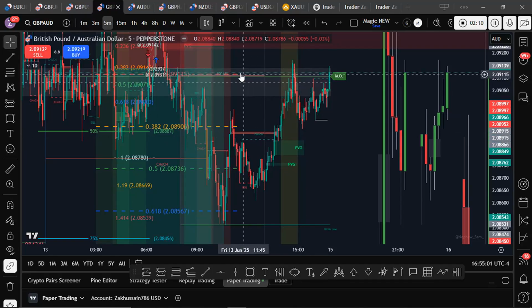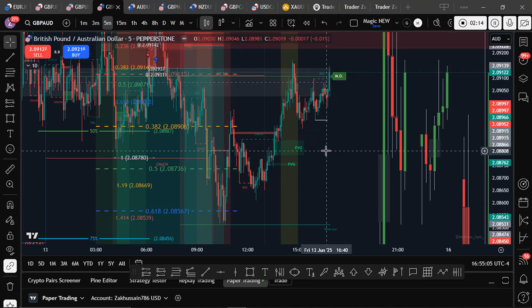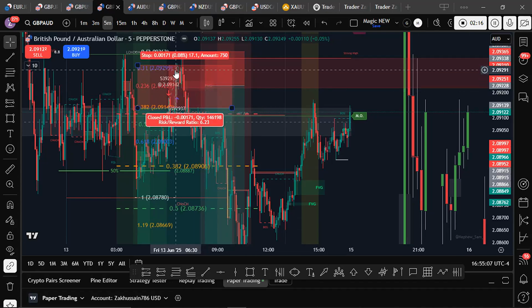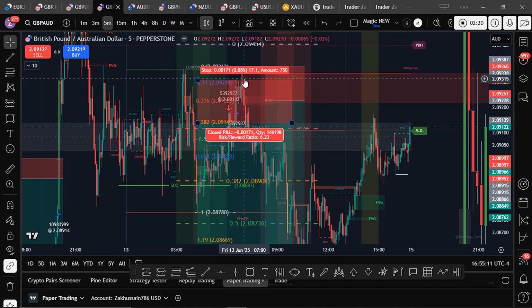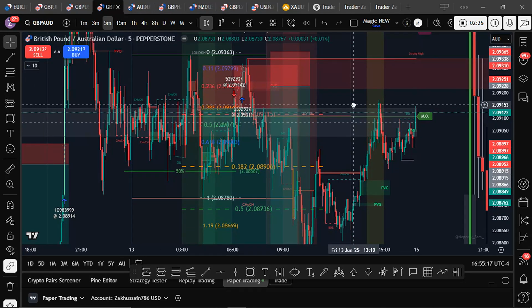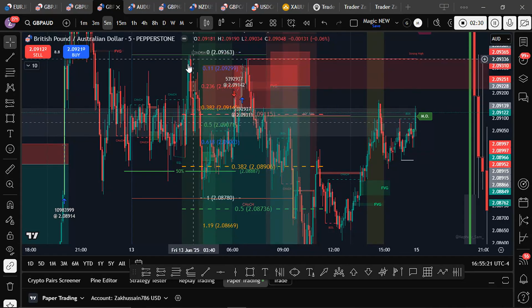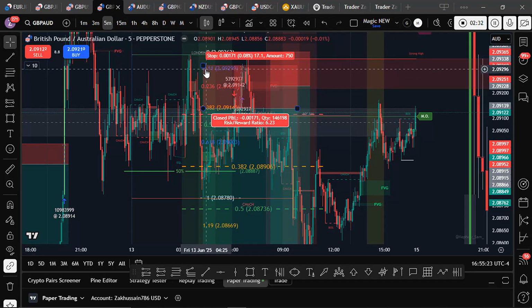Even now, as you can see, it's sort of meandering between a little bit of profit and break even. Nonetheless, it wouldn't have been stopped out as it did here between the London morning session and New York morning session. So that's another blunder if you like, because the strategy is 0.11 for stop loss typically.